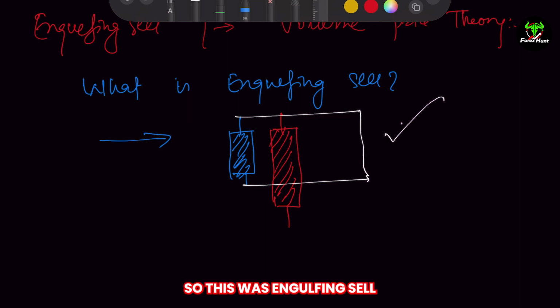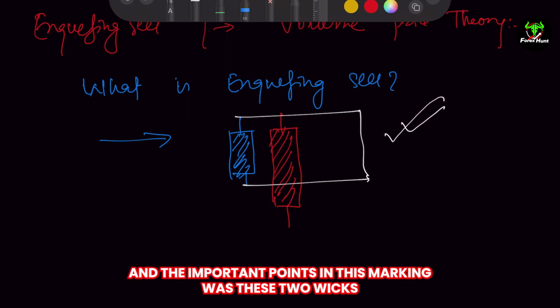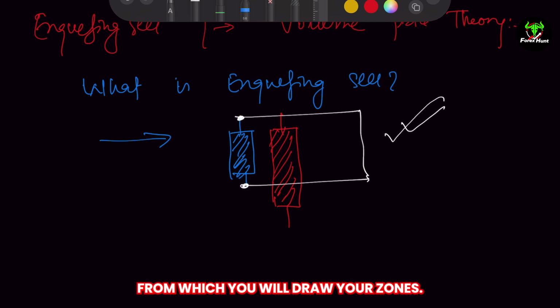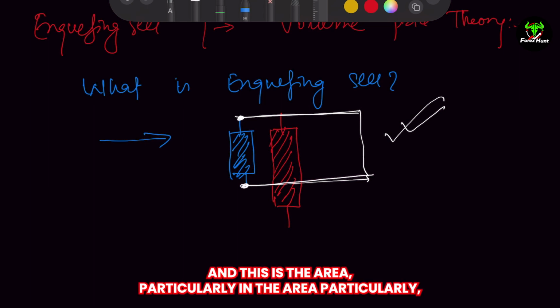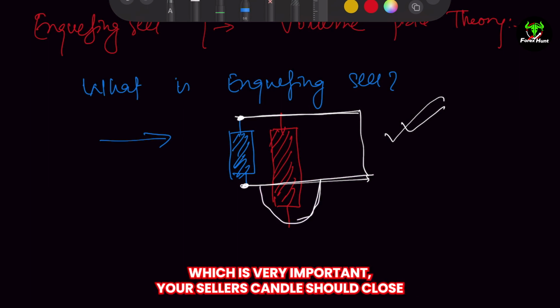So this was engulfing sell, and the important points in this marking were these two wicks from which you will draw your zones, and this is the area which is very important.